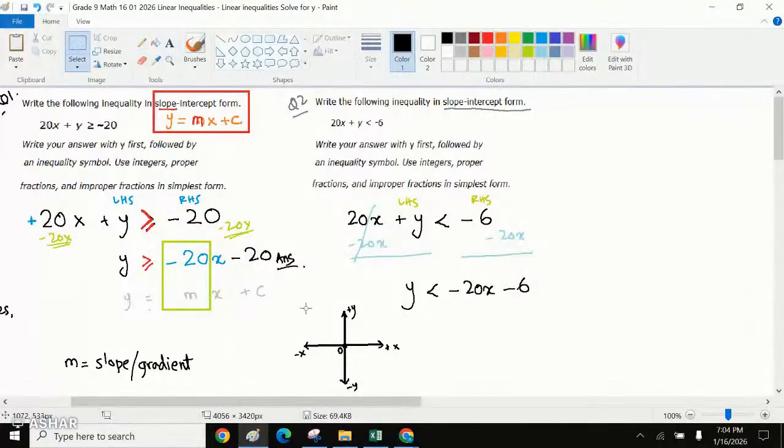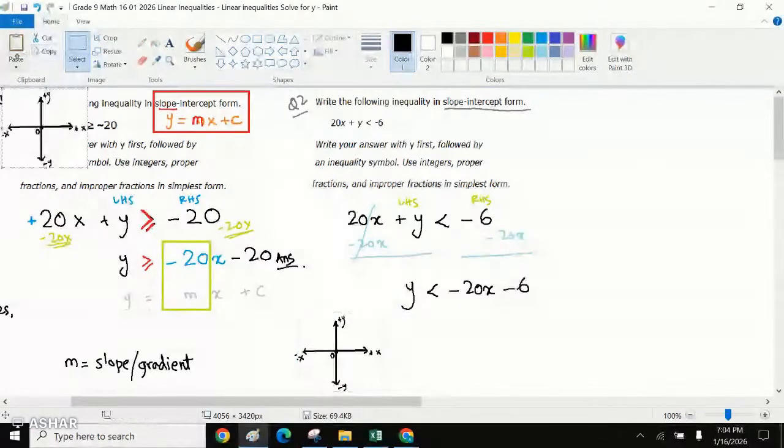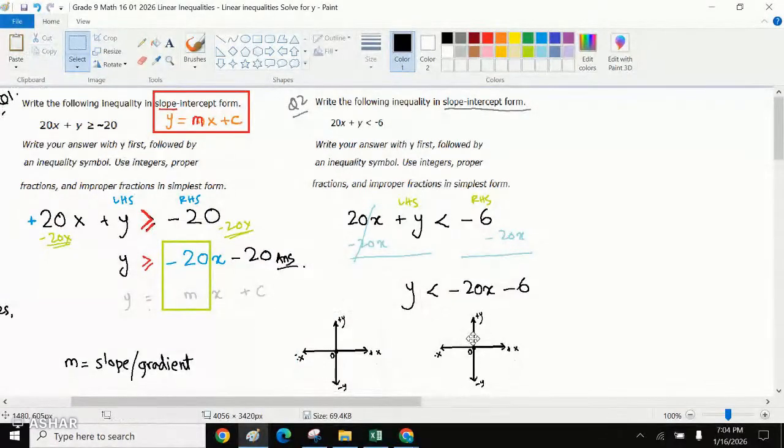Agreed? Let's copy this and reuse this. If this was the axis that was given to us, we will see when the gradient is positive and when the gradient is negative. Whenever the slope is positive, it will go in this direction.